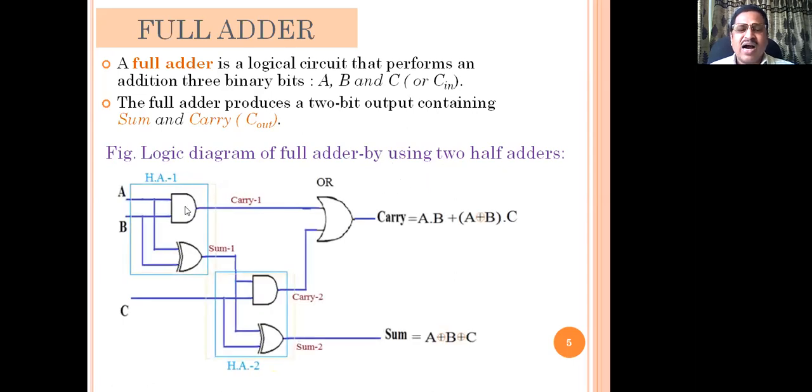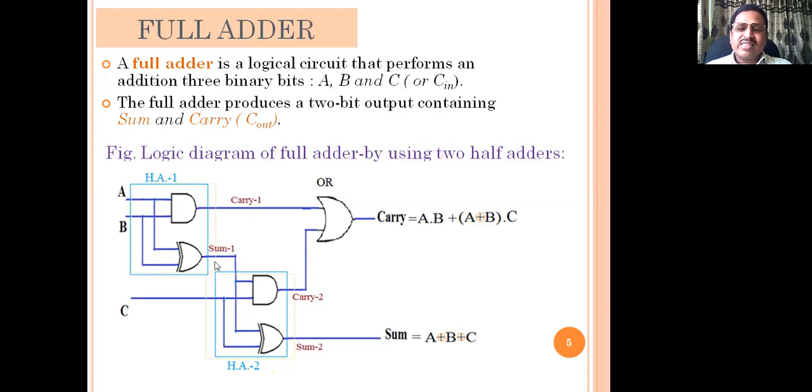We can take 2 half adders for the construction of a full adder, which can add 3 binary bits A, B and C. Out of the 3 inputs, A and B are applied to the first half adder having an AND gate and XOR gate. The output of the AND gate is the carry of half adder 1. The output of the XOR gate is sum 1 of the first half adder.